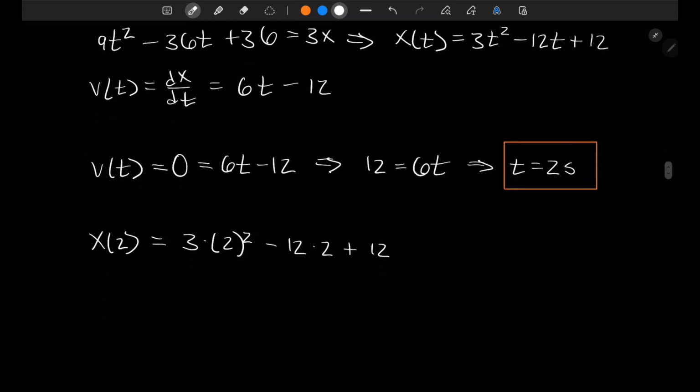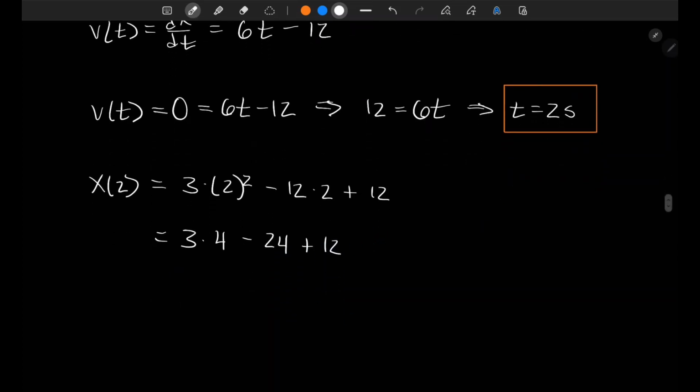This is 3 times 4, which is 12, minus 24 plus 12.